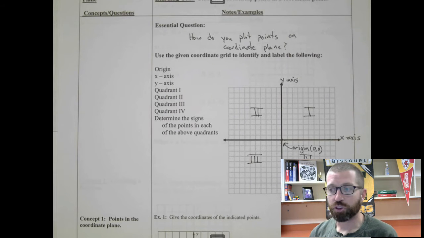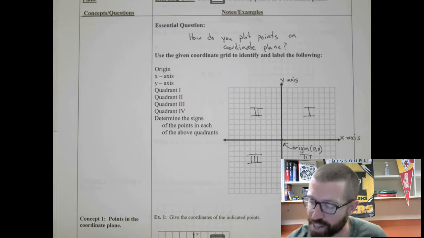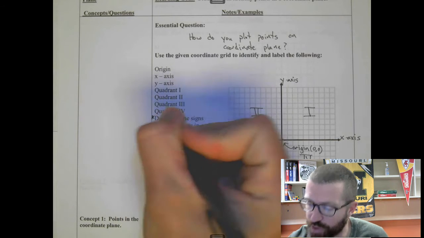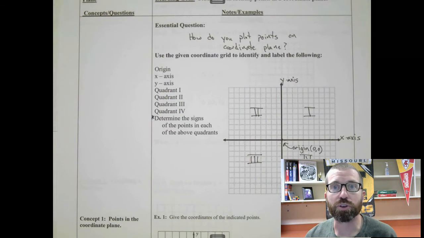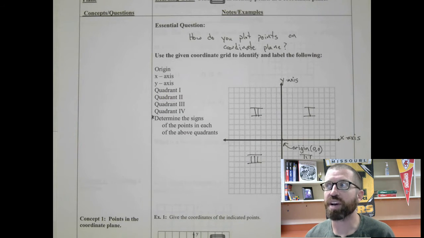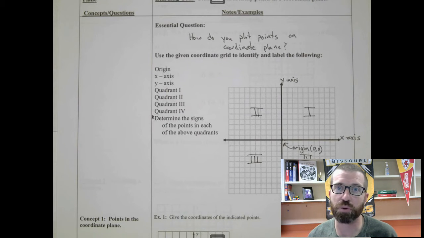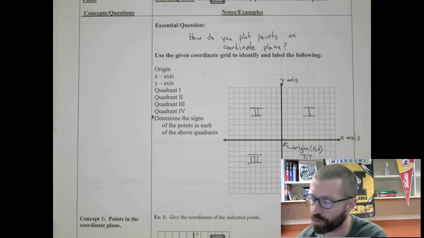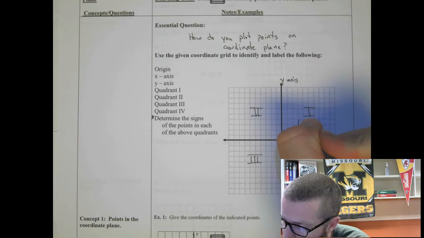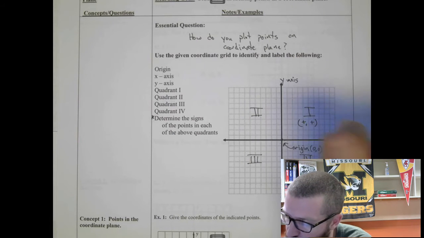What's even more interesting than that is the signs of the points in each of the quadrants. If you can start making this connection, that if you know where a point is, you know the signs of the x and y coordinates, it's going to be really helpful in this class and down the road as well. So here everything is positive, so we'll just do positive, positive.